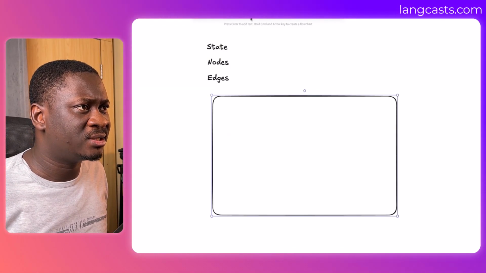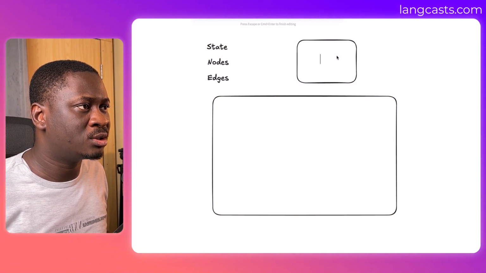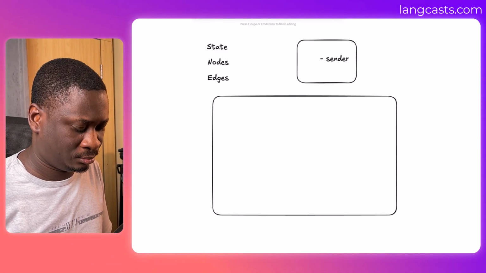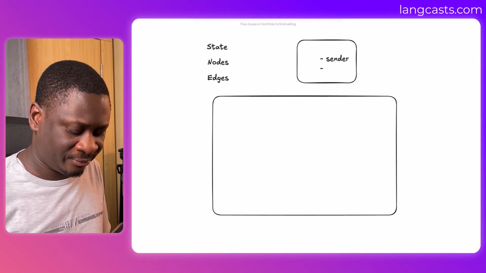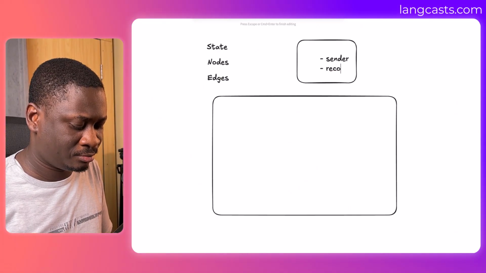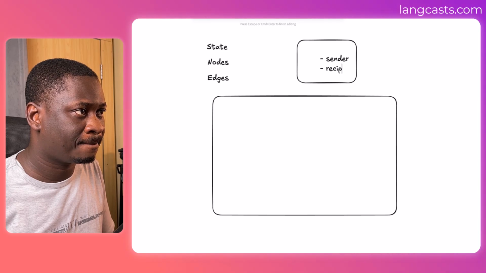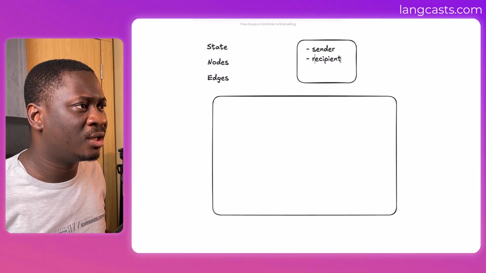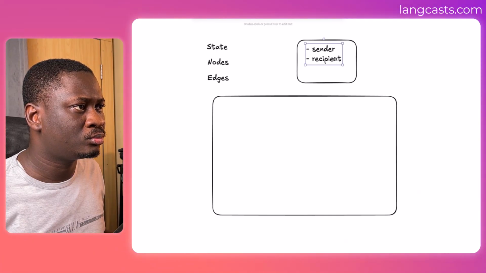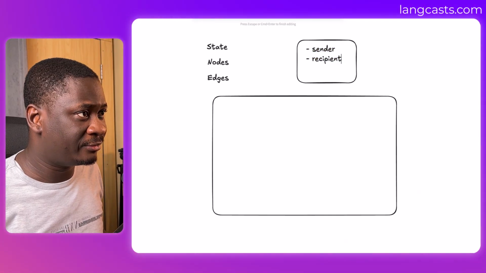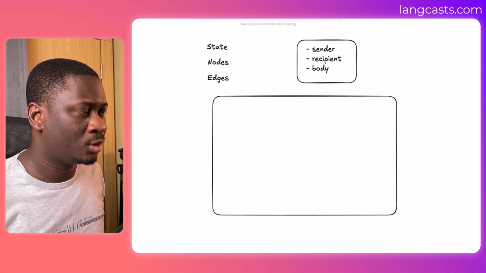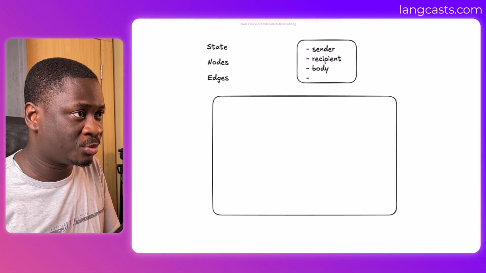So inside the state, we want it to have sender, recipient, the body of the email, and a status property.